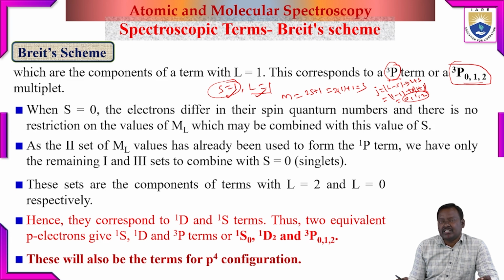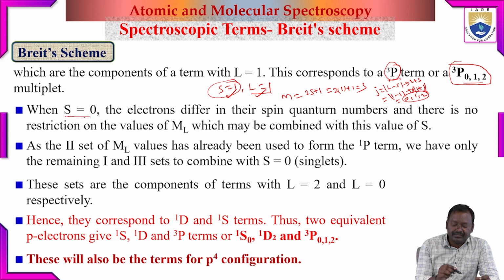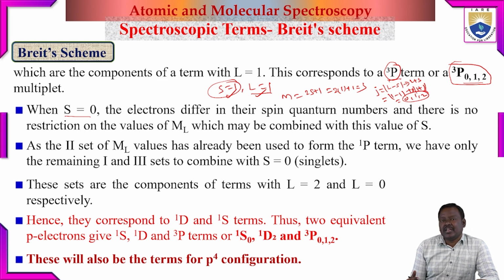So the combination should be 1 by 2 and minus 1 by 2. That means total S value is 0. As the two electrons are having different ms values, ml can be same. ml value can be same.